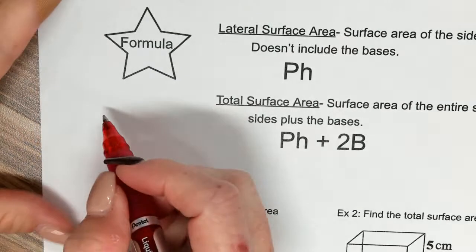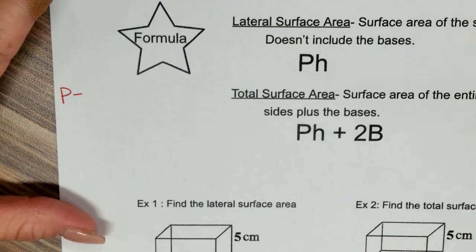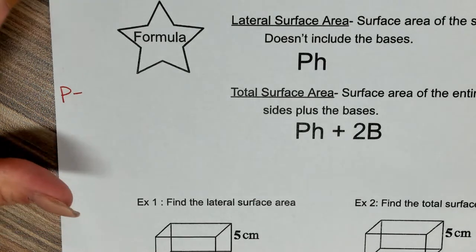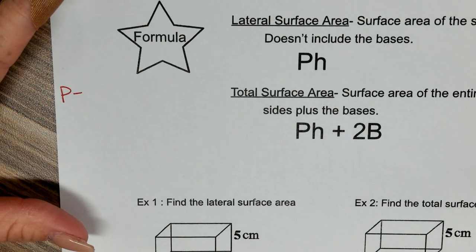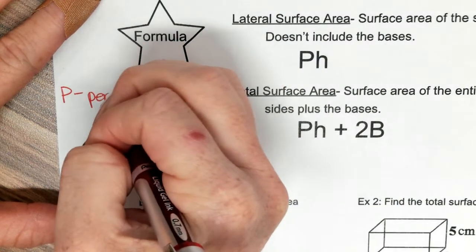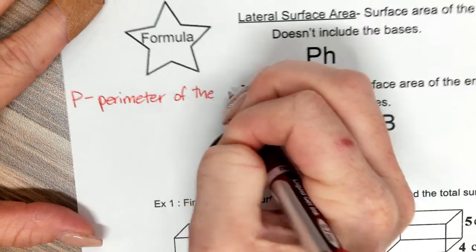So right over here, I want you to put capital P. And we learned this the other day. What does capital P mean? Perimeter of what? Of the base. Very good. Perimeter of the base.